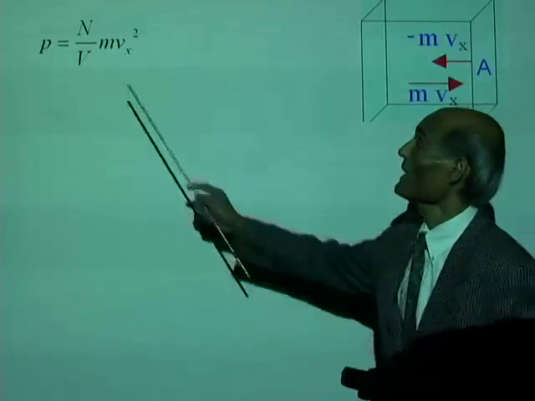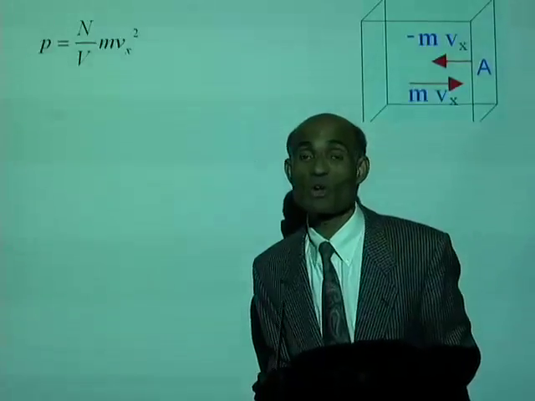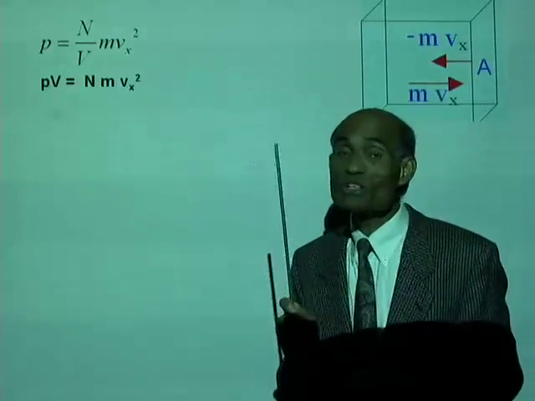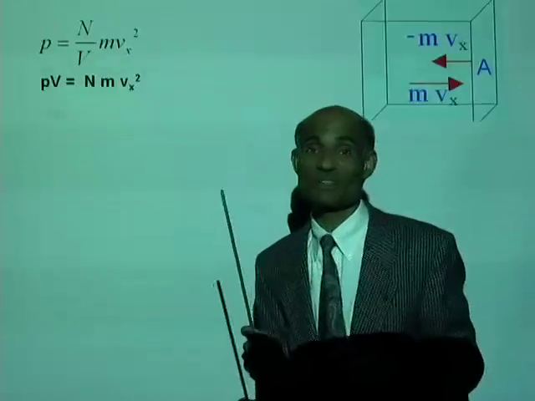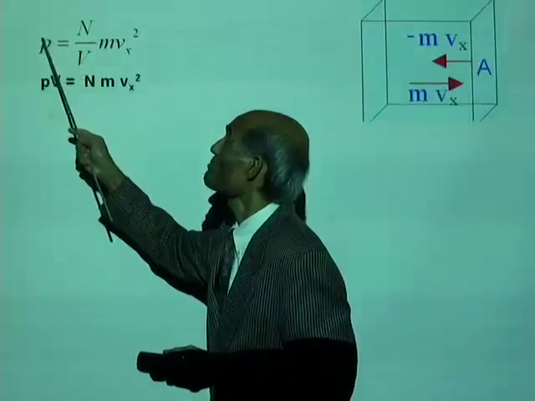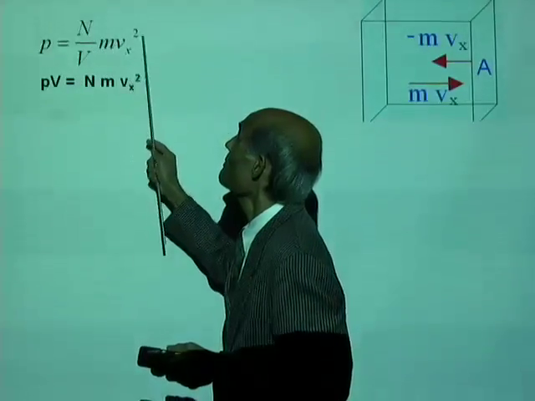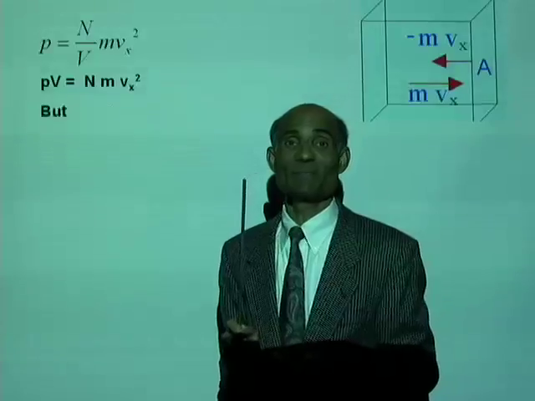Alright, there we have an expression for the pressure. But is that the final version? We have only considered the x motion. Well, from here, cross multiply: P times V equals N m Vx squared.